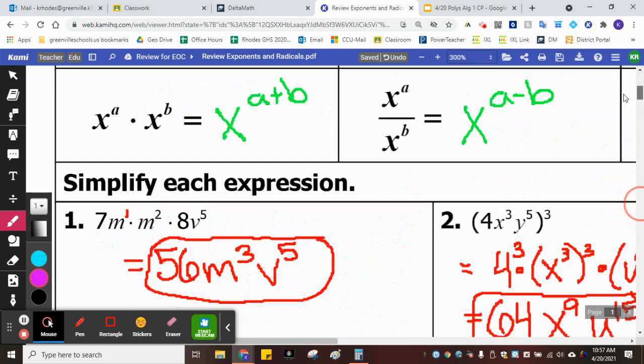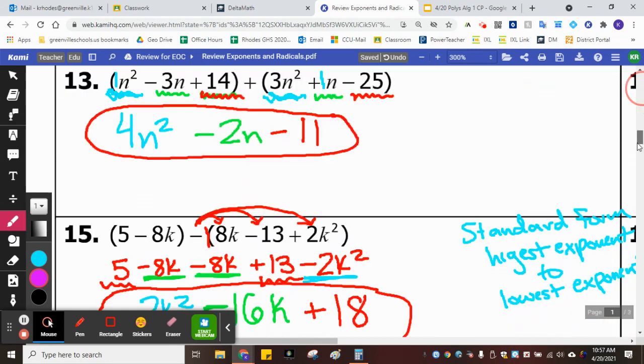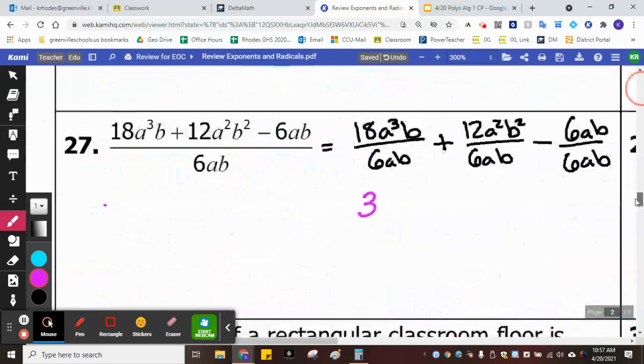Remember, when you're dividing, you subtract your exponents. However many on top minus however many on bottom. So you said a, 3 minus 1. 2. And if you want to see that, a cubed over a, that means you have 3 a's on top, 1 a on bottom.